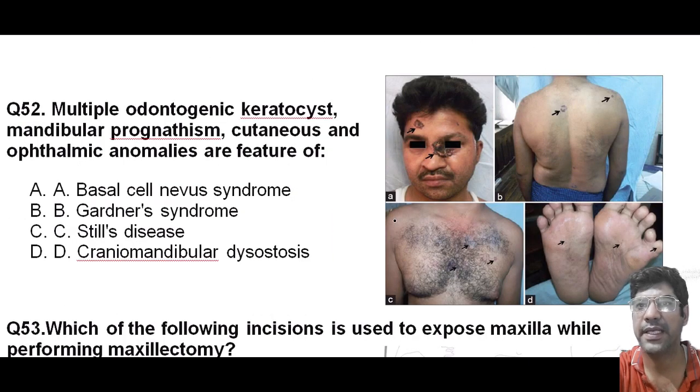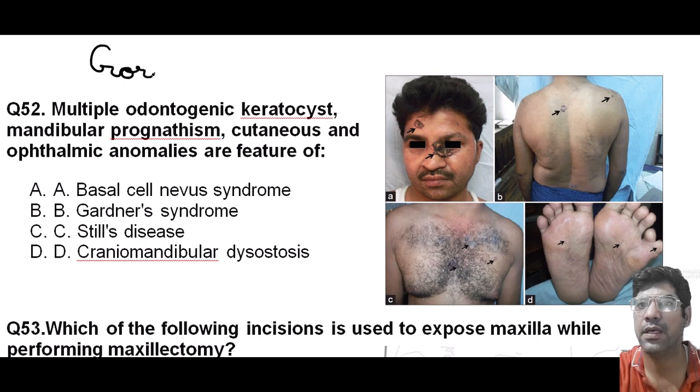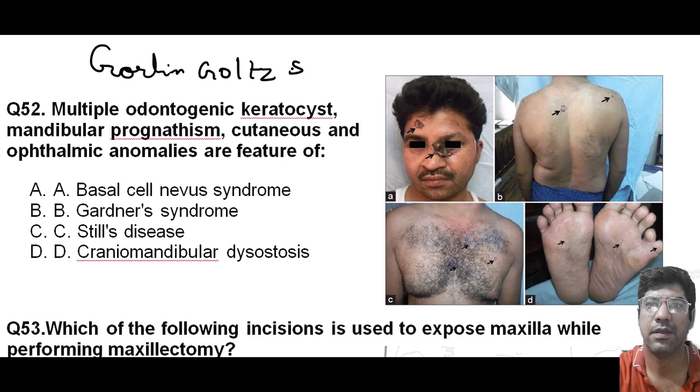Multiple odontogenic keratocysts, mandibular prognathism, and cutaneous and ophthalmic anomalies are features of basal cell nevus syndrome. Basal cell nevus is also known as Gorlin-Goltz syndrome, characterized by multiple odontogenic keratocysts, mandibular prognathism, and various cutaneous and ophthalmic anomalies.